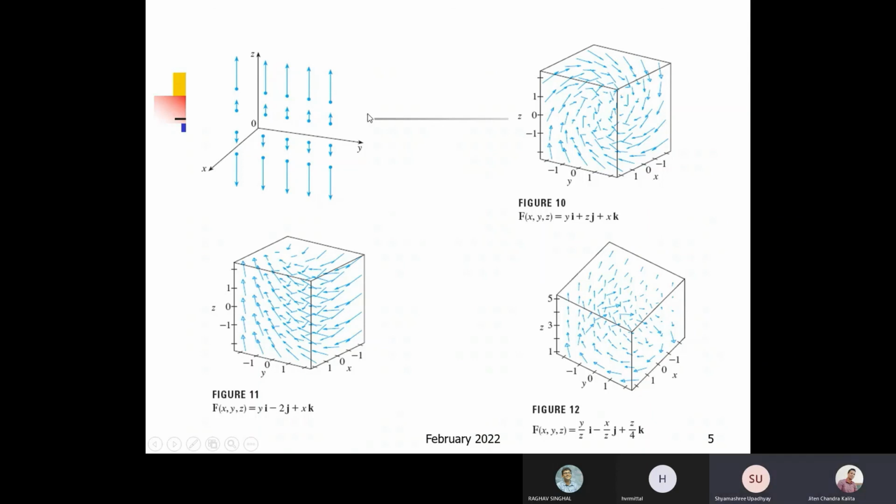And if you increase the value of y, the length of the vector is also increasing, right? So it seems like this is nothing but y k cap. The function is simply y k cap, because you can see when the value of y is less, the length of the vector is also less. Okay, fine. In this way, we can define a vector field.